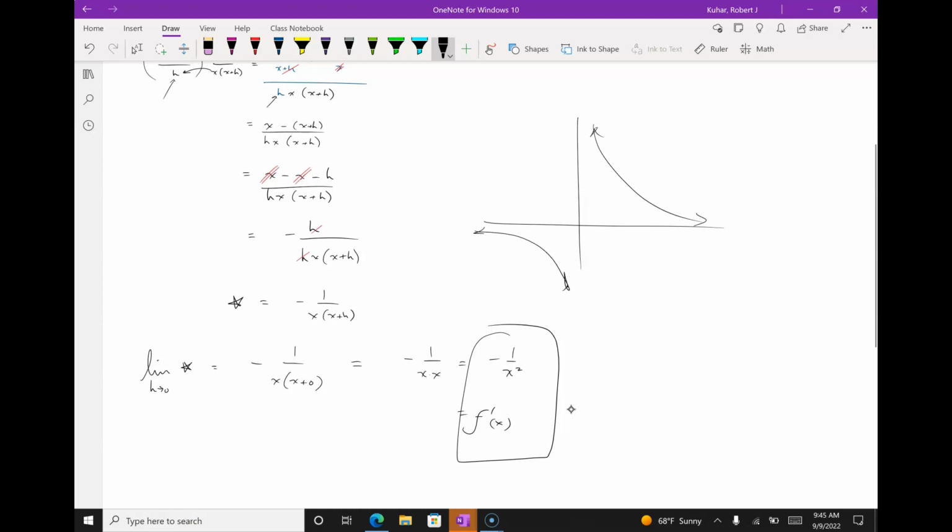And what's interesting is what happens when you plug 0 into the derivative. What happens when I plug 0 into my derivative? Look at it. I get 1 over 0. So I can't do that either, right? So obviously, if there's a piece of the domain that doesn't exist for the function, it will also not exist for the derivative.